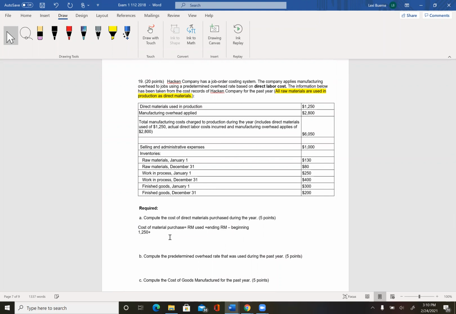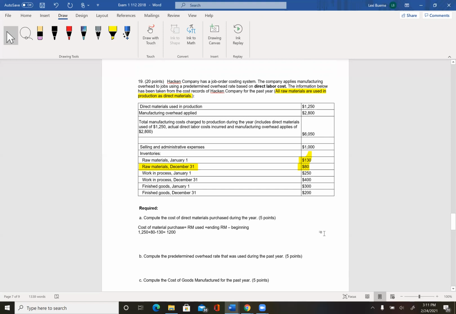And then you're going to add in the raw materials ending inventory, from December 31st, because that's year end, so that's going to be 80. And then you're going to subtract out the beginning inventory, which is right above that, which is 130. That is shown right here. So the cost of materials purchased is going to be $1,200.